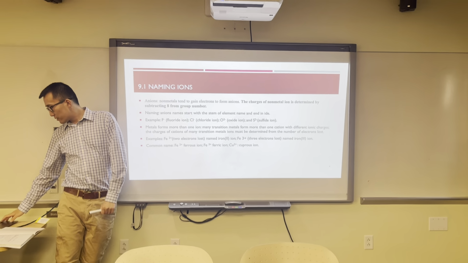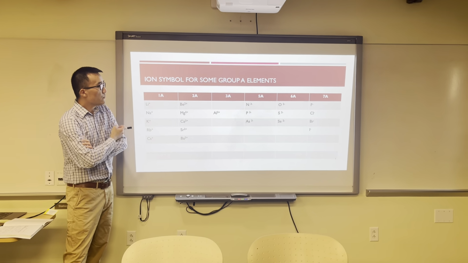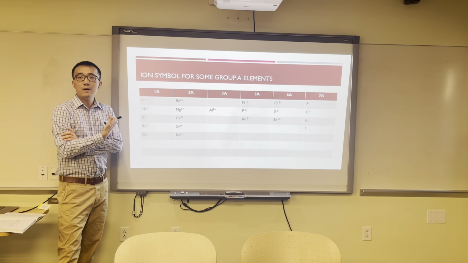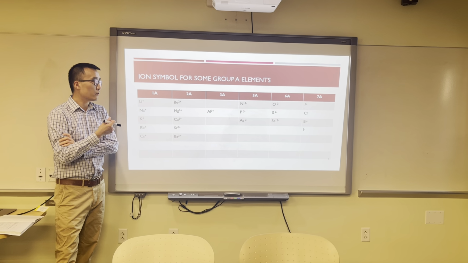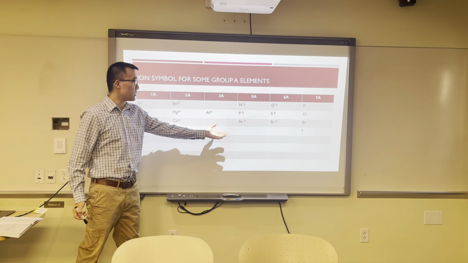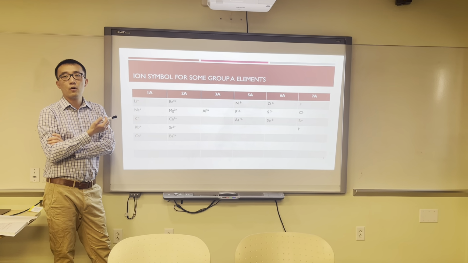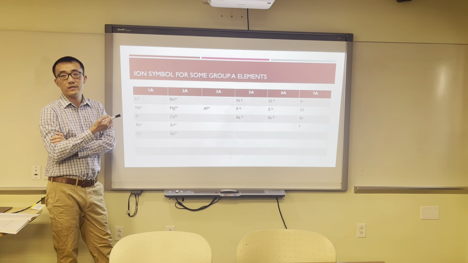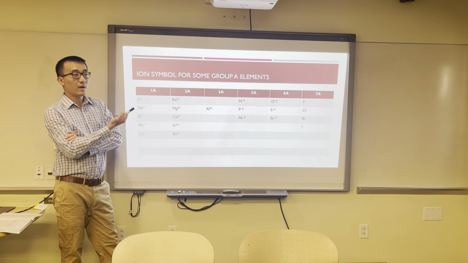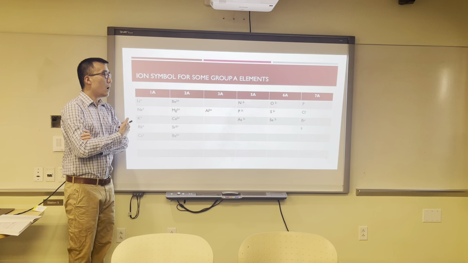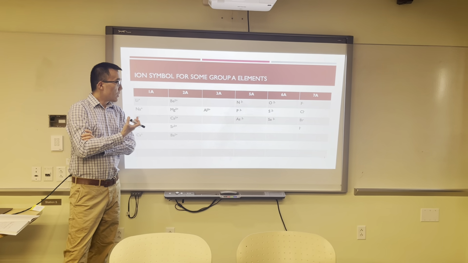So let's go back and take a look here. For main group 5A, the number of electrons going to gain equals 8 minus 5, which is 3 minus. For main group 6A, the number of electrons going to gain equals 8 minus 6, which is 2 minus. Same thing here for 7A. How are we going to recognize that?